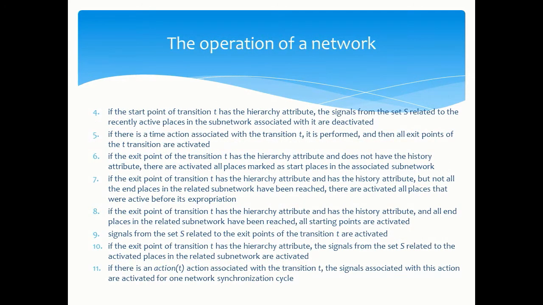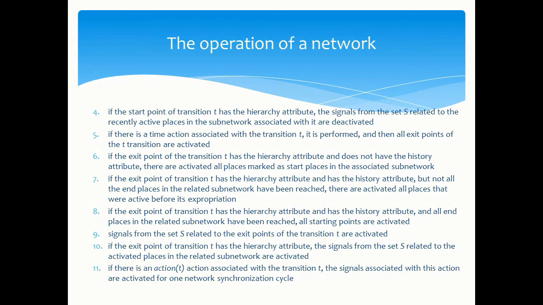If the start place of transition T has the hierarchy attribute, the signals from the set S related to the recently active places in the subnetwork associated with it are deactivated. 5. If there is a time action associated with the transition T, it is performed, and then all exit points of the T transition are activated.